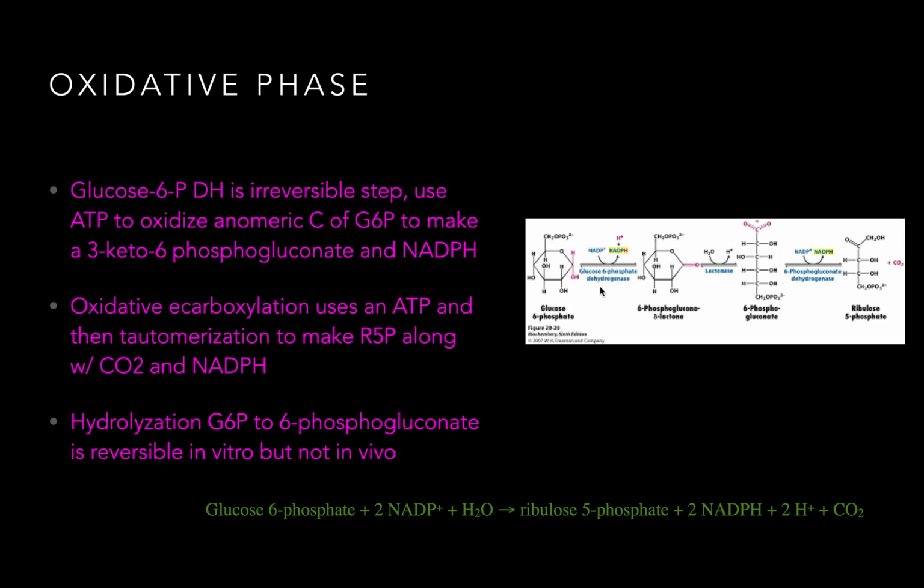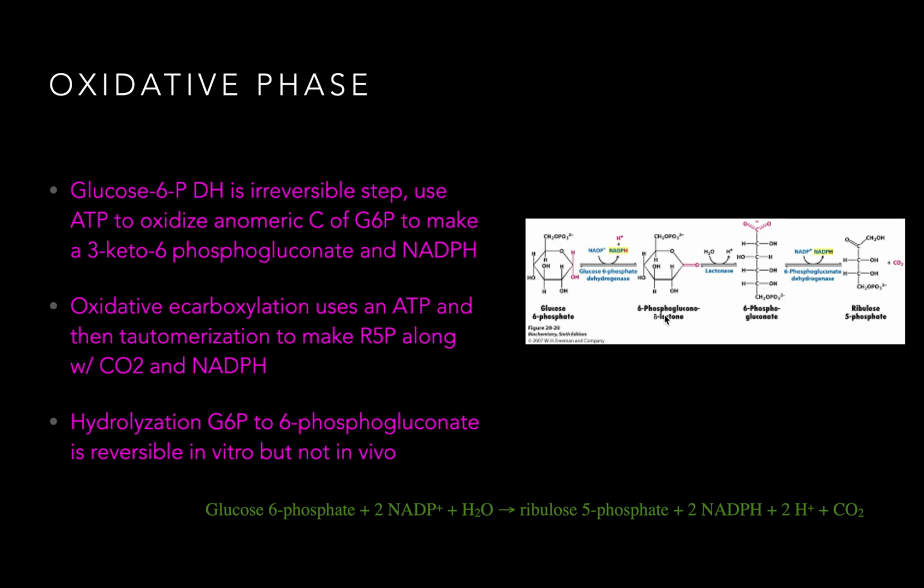And then oxidative decarboxylation, and then tautomerization to make the final product, ribulose 5-phosphate, along with carbon dioxide. So these few steps will create two NADPHs.